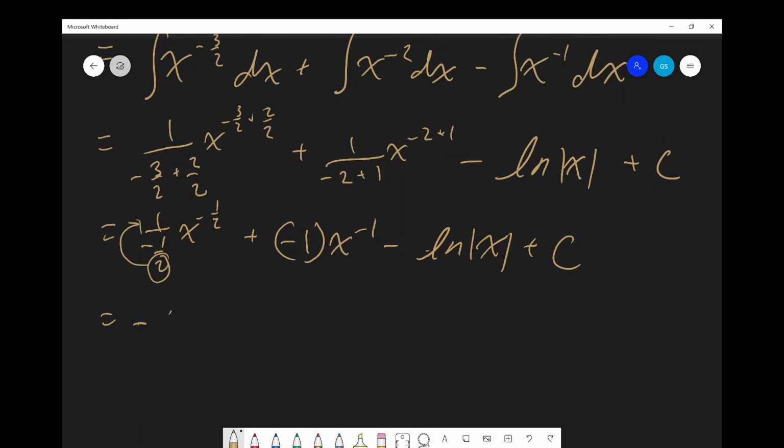So that's negative 2 over root x, because this is x to the negative half, minus 1 over x, right, because this is a negative 1 here, so you can just say negative x to the negative 1 just means 1 over x, minus natural log of the absolute value of x plus c. So that is what you should end up with for that one.